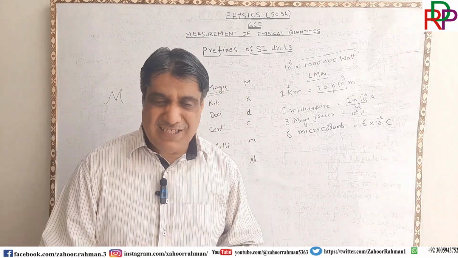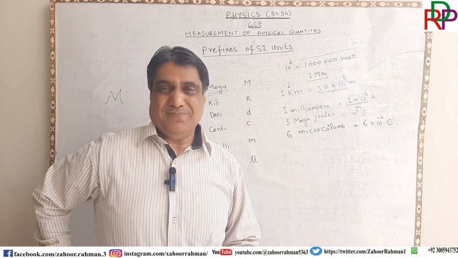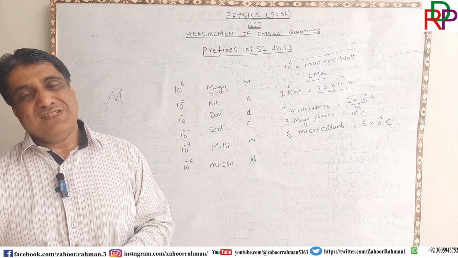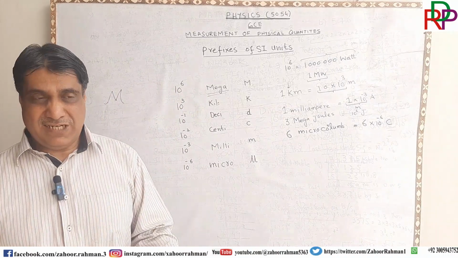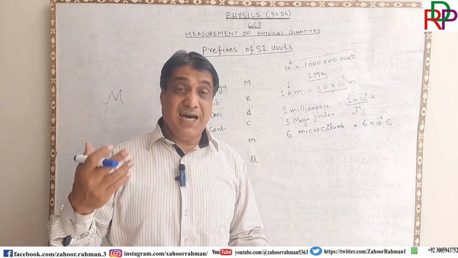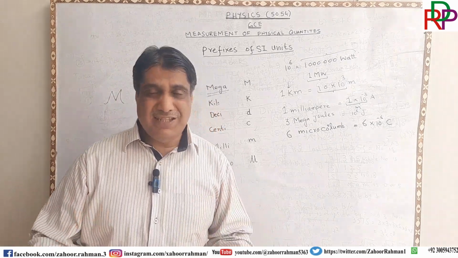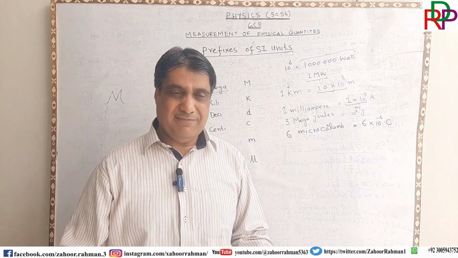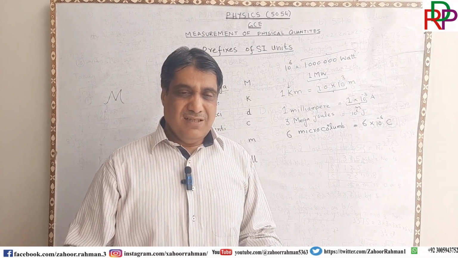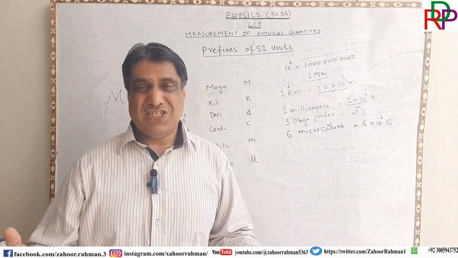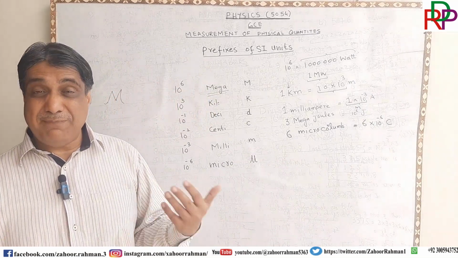There are other units as well. For example, there is nanometer, 10 raised to the power minus 9. There is a giga. The hard disk is measured in gigabyte, which is called GB, terabyte.